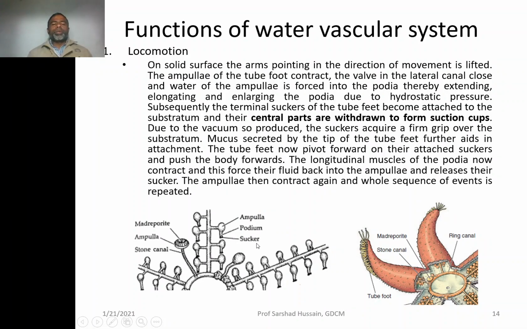Along with these suckers, mucus is also secreted, which helps in a firm attachment of the sucker with the substrate. This is how locomotion takes place in echinoderms with the help of the water vascular system.